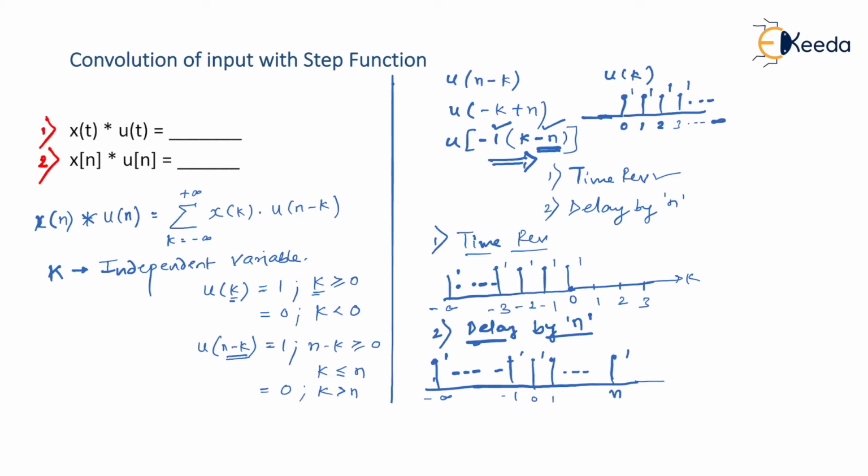This is something we have already practiced well when we studied discrete time signals. Don't forget what we were about to perform: x of n convolved with u of n. For that we require the u of n minus k signal, so I'll again show you how it looks.